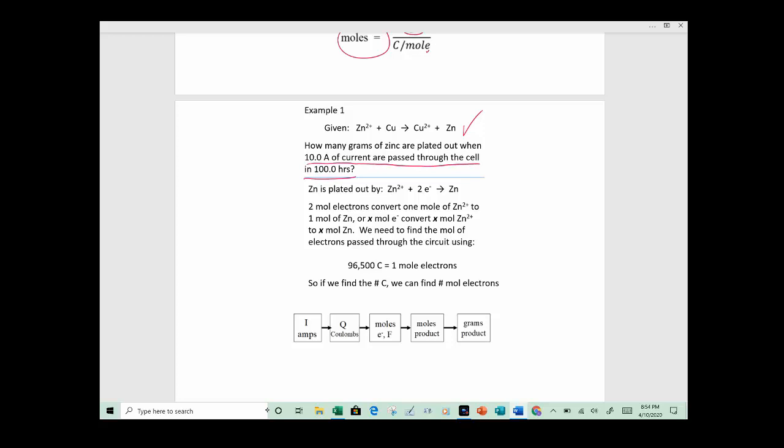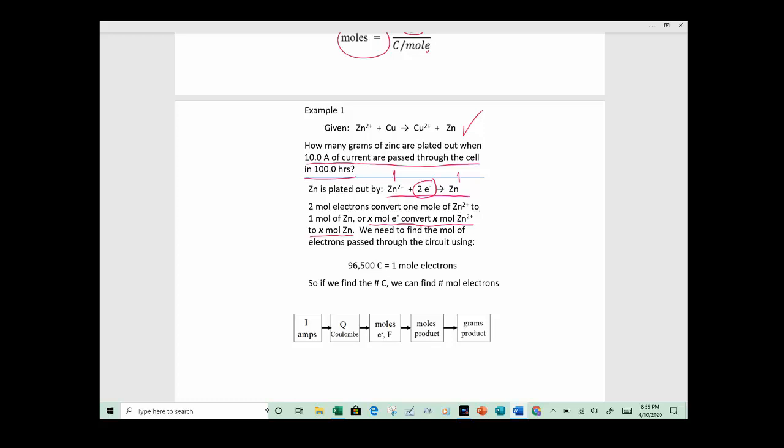For zinc plating out, that would be this reaction here, a reduction of zinc ion to zinc metal. And we know that 2 moles of electrons convert 1 mole of zinc cation to 1 mole of zinc metal. Or x moles of electrons convert x moles of zinc ion to x moles of zinc metal.